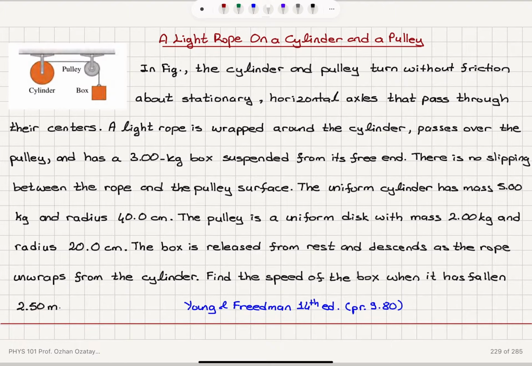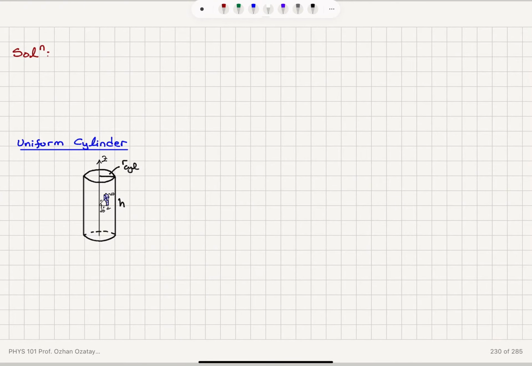Okay, so if we look at the potential energy of the box, let's start with the potential energy. The potential energy U will have an initial value mgh.